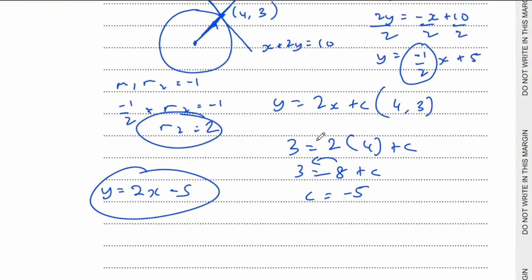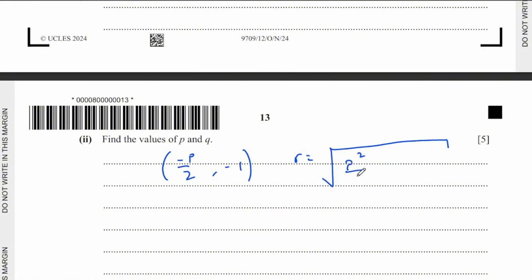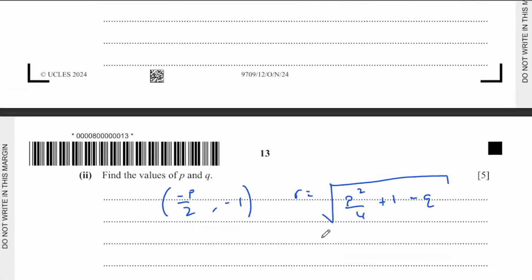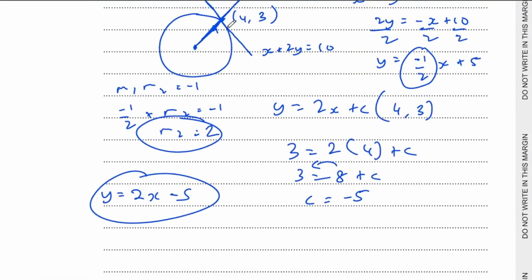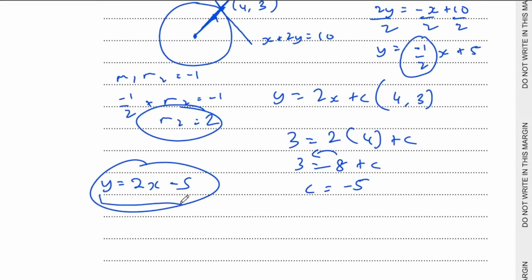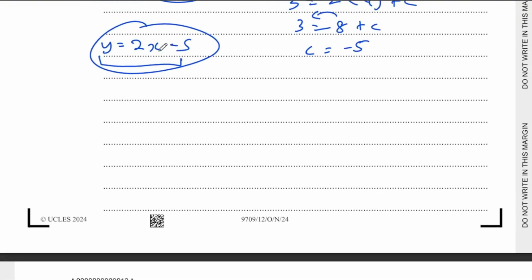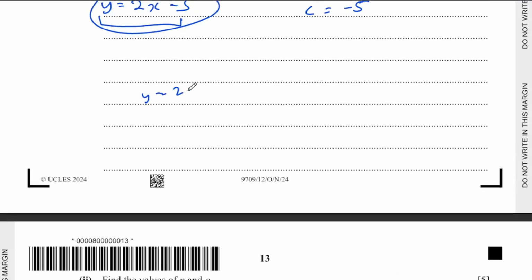So center is negative p over 2 and negative 1, and the radius is the square root of p squared over 4 plus 1 minus q. And obviously that radius is going to be the distance between this and this. Yeah, and also the center lies on this line right here. Meaning what? So if I just put my y value, negative 1 here, so y equals 2x minus 5.